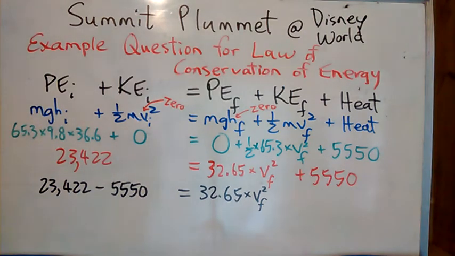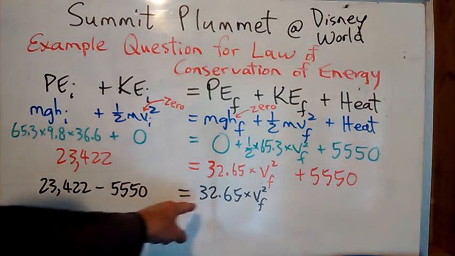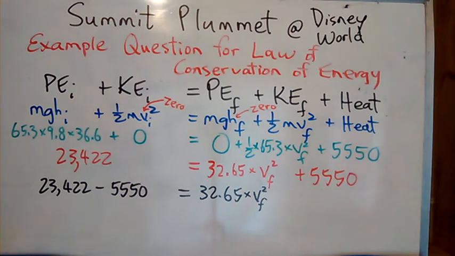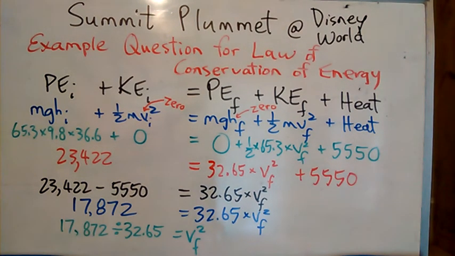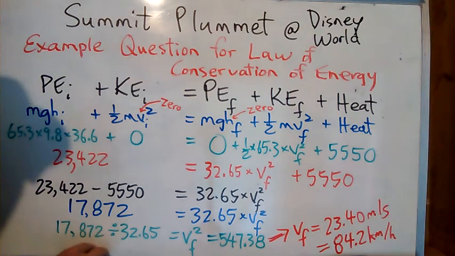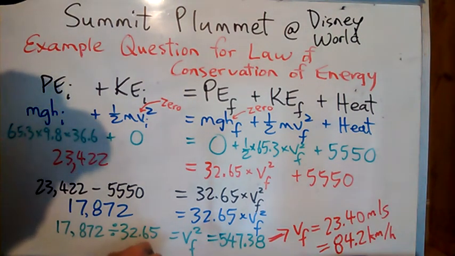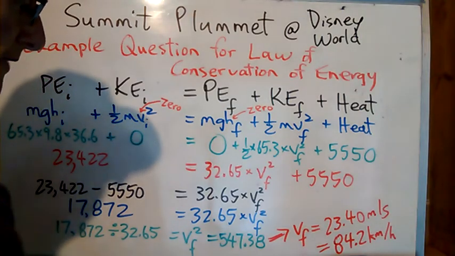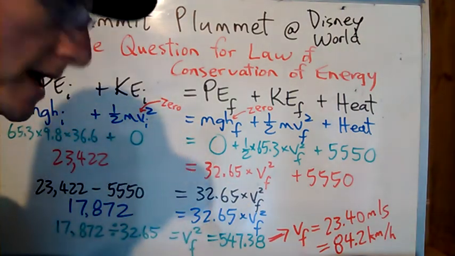Now I just have to get that number here, divide it by 32.65, get the root of it, and I've got my answer. And it simplifies down to this little green equation here. And just finishing it up, 17,872 divided by the 32.65 equals 547.38.